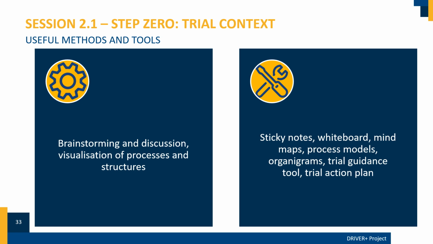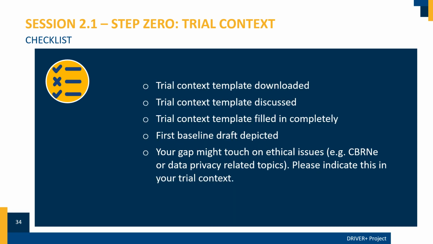Interesting tools might be sticky notes, whiteboard, mind maps, process models, organograms, the trial guidance tool, and the trial action plan. Your checklist for this part is to download, discuss, and fill in the trial context template completely. Depict your first baseline draft. Furthermore, your gap might touch on ethical issues, e.g. CBRNE or data privacy-related topics. Please indicate this in your trial context.